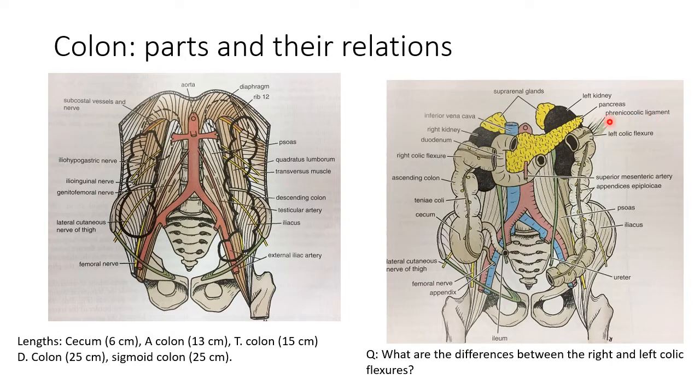I already covered this ligament when I talked about the spleen. So these are the three differences between the left and right colic flexures. The left is more superior, more acute, and it is attached to the diaphragm by the phrenico-colic ligament.